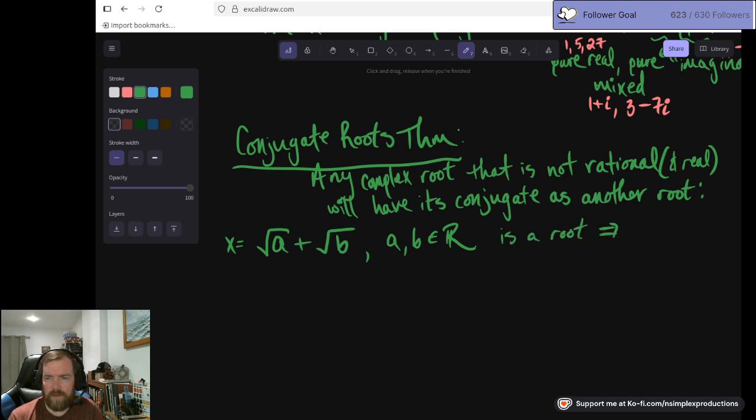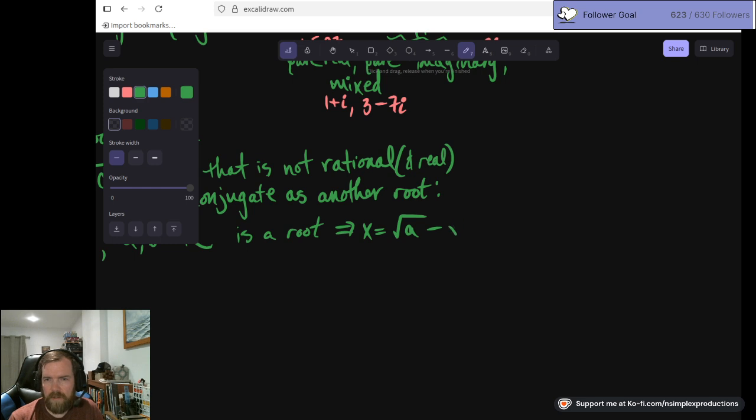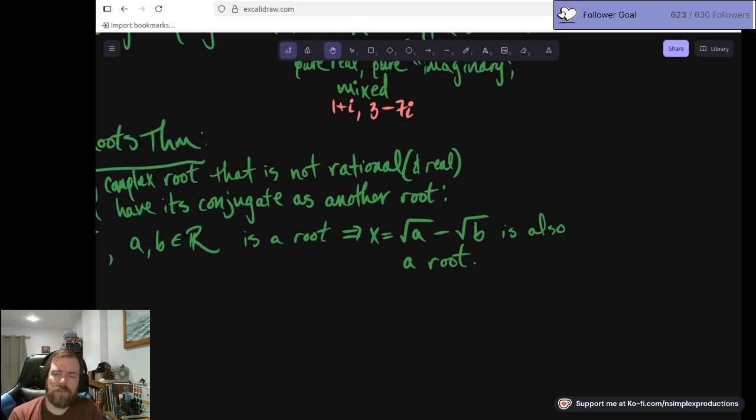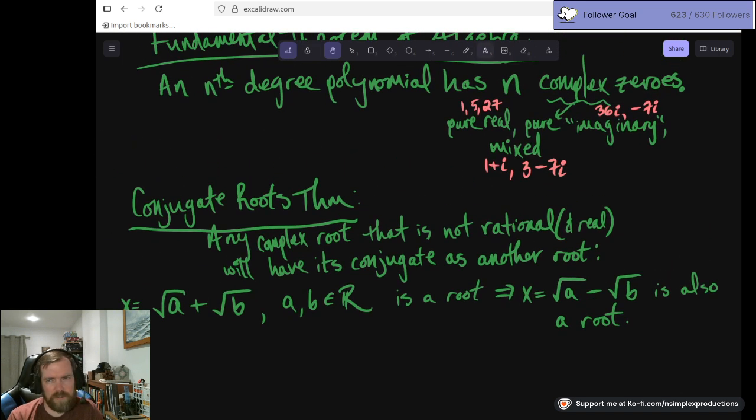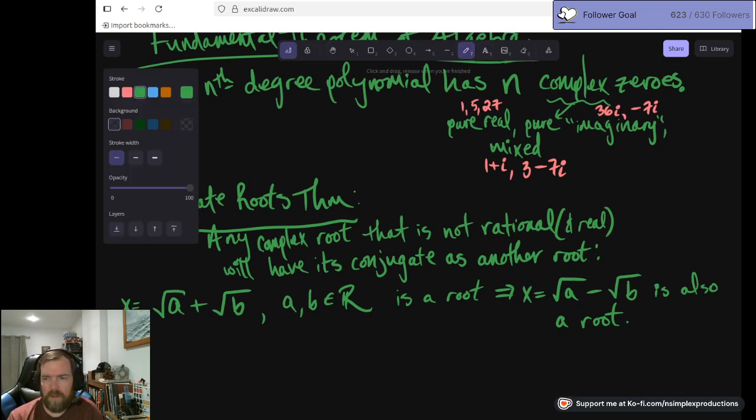If that is a root, it will imply that x equals root a minus root b is also a root. In theory, it could potentially also be the negative of that, but in theory.